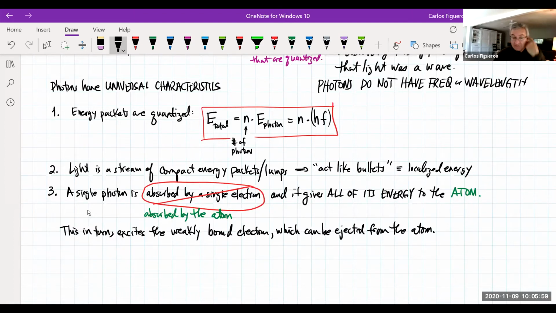And I should also say that the photon ceases to exist at this point because it's completely absorbed by the atom.